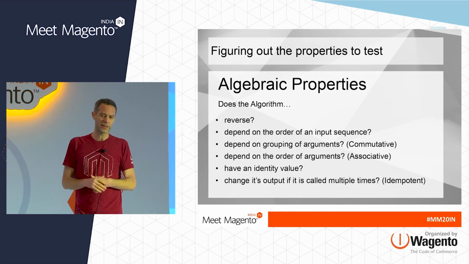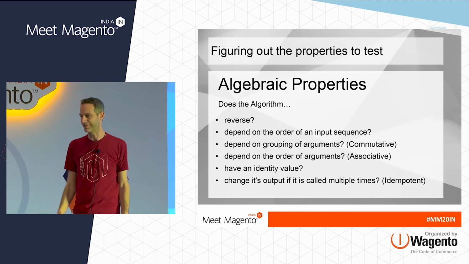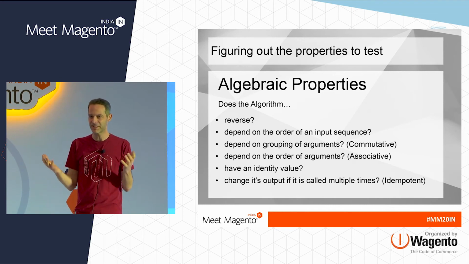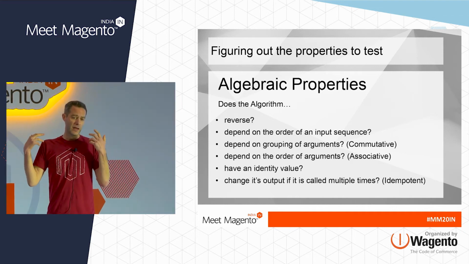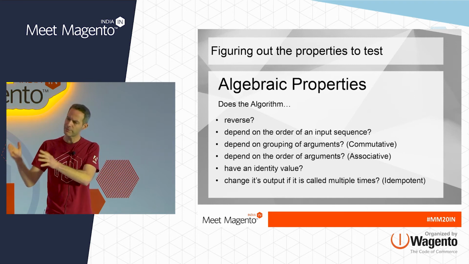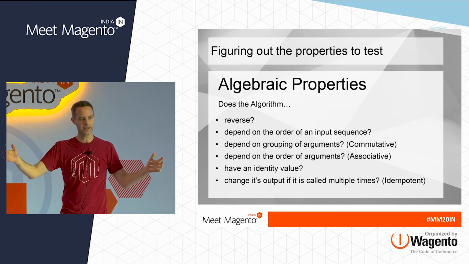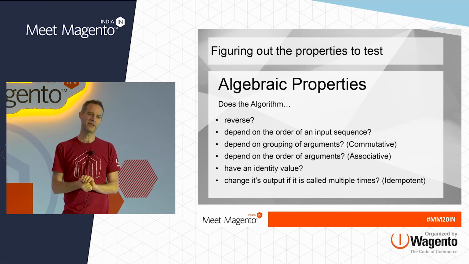Sometimes it doesn't work. For example, with sorting, I can't reverse the sorting to get the original order again, right? But just see if it works. Then there's possibly, if my algorithm takes an array as an input, does the output depend on the order of elements in the array? If yes, maybe there are some interesting properties there.